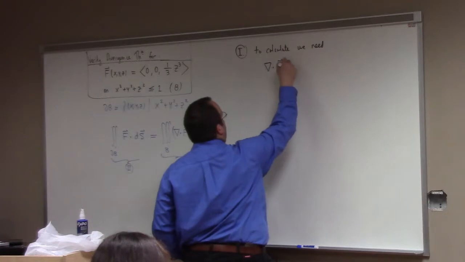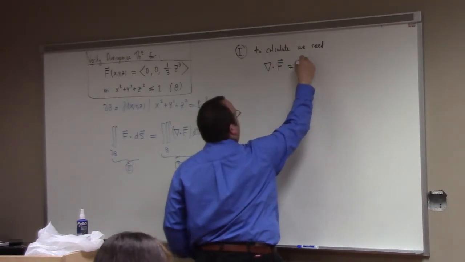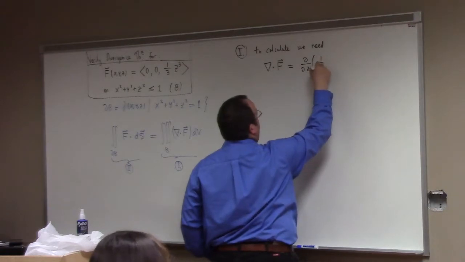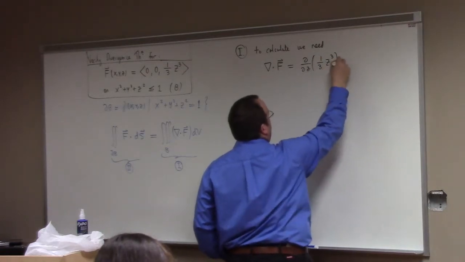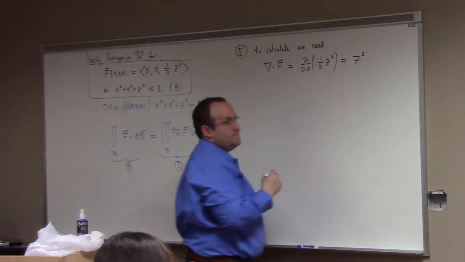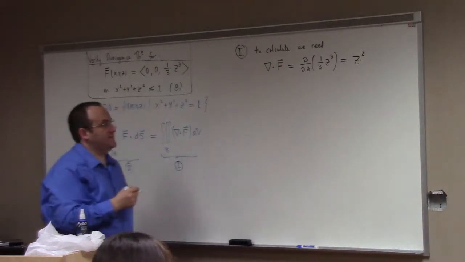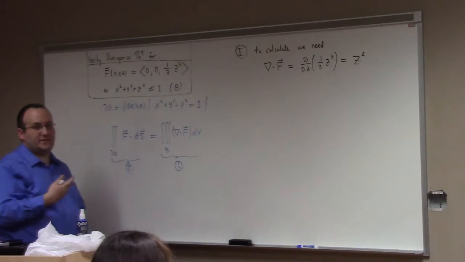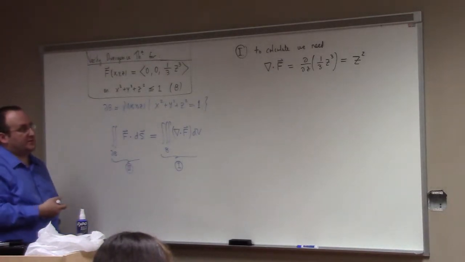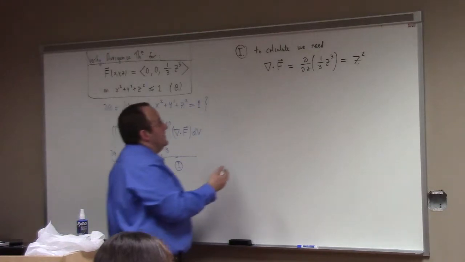What's the divergence of F here? So we just got ourselves a z squared, I think, right? So the divergence of F is z squared. The x and y terms both differentiate to 0, right? So the divergence isn't too bad.